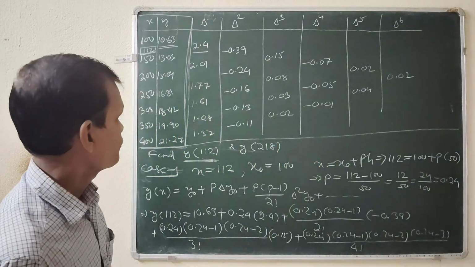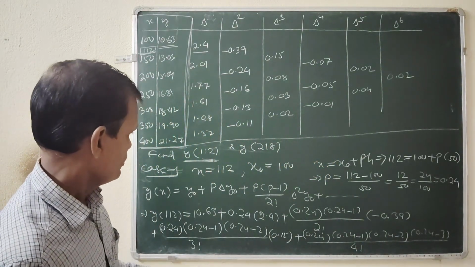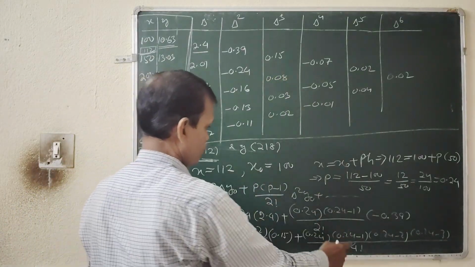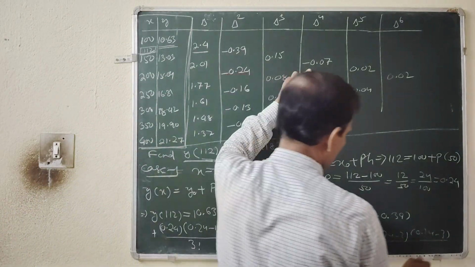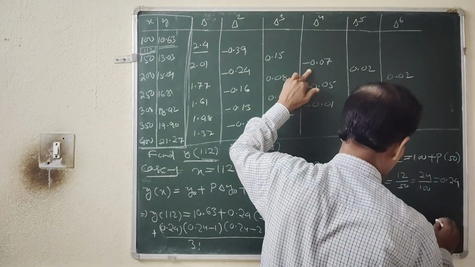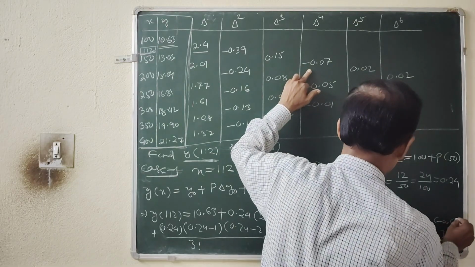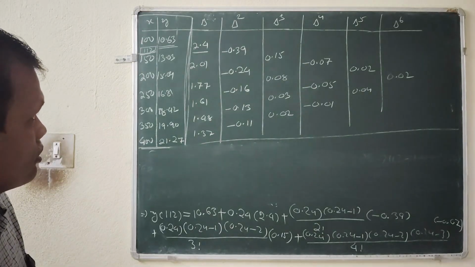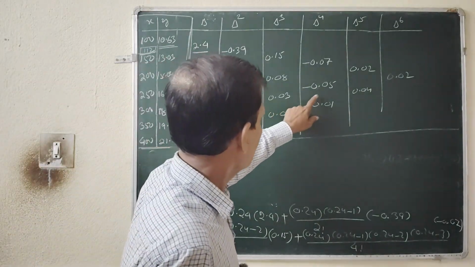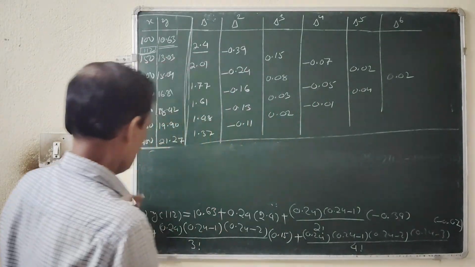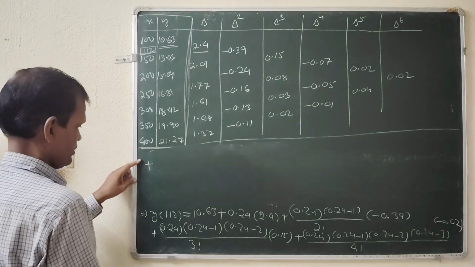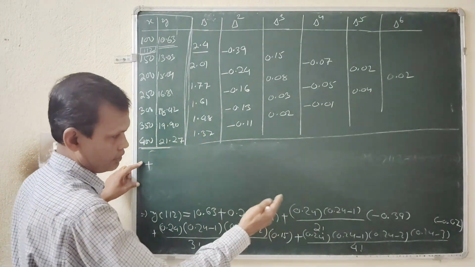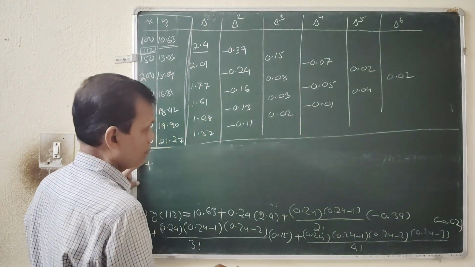When it is 3 factorial you consider delta cube, and when it is 4 factorial you consider delta 4, which is minus 0.07. So we have written up to delta 4, then another 2 terms. Actually after this you will write this one; due to the space problem I am writing here.